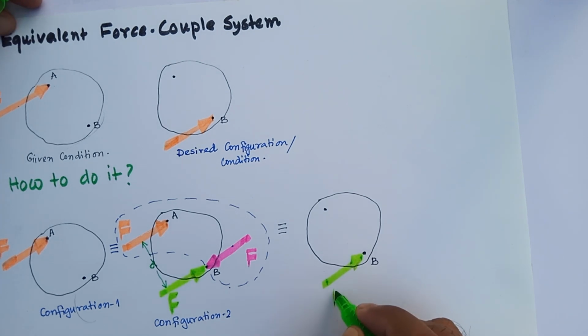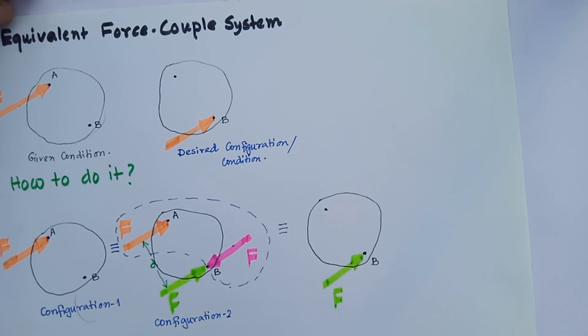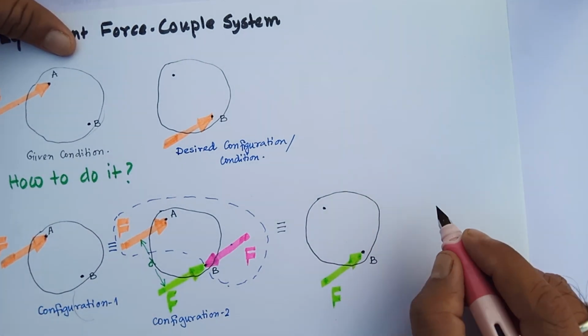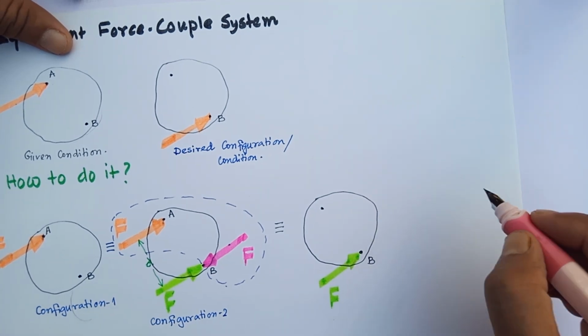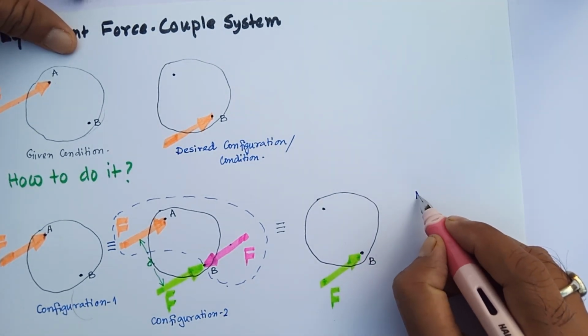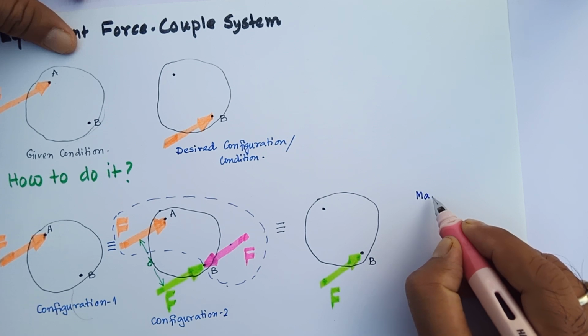This is F. And these two will constitute a couple. What is that couple? We can write the magnitude of the couple. What is the magnitude of the moment of the couple?